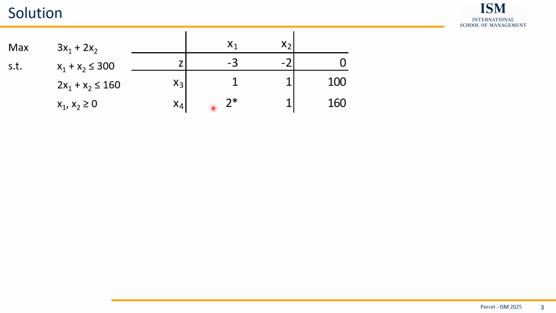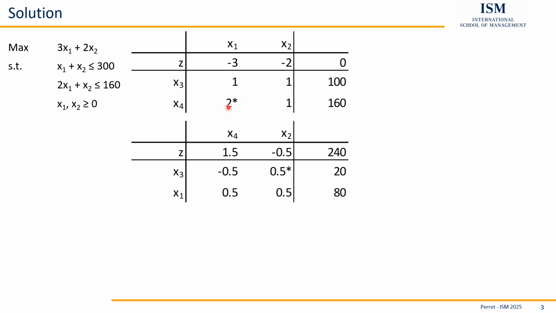So pivot row, pivot column, making the 2 my pivot element with which I'm going to do my simplex transformation. That's what I'm doing in the next table. First, I'm going to switch pivot column and row variables, so x4, x1. Then for the pivot element, I replace it by 1 divided by the pivot element.